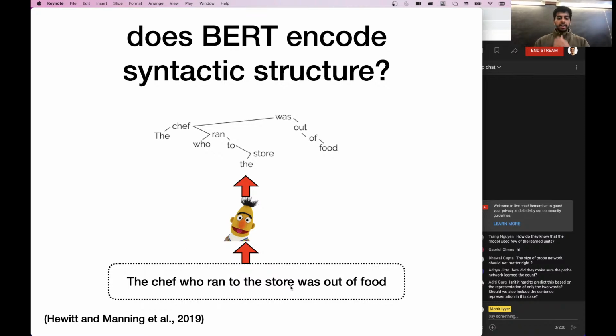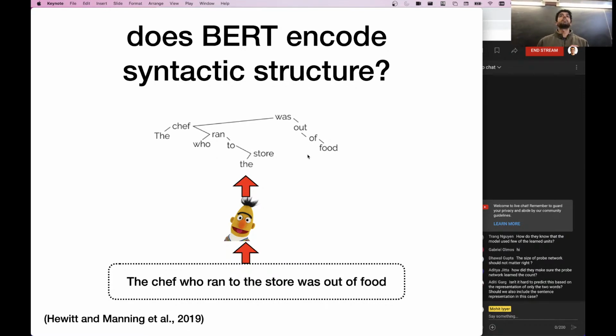The chef who ran to the store was out of food. So here, if you're doing language modeling and you're predicting, say, the next sentence, you would probably need to know what was out of food, right? Was it the chef who was out of food, or was it the store? What is "was out of food" modifying?